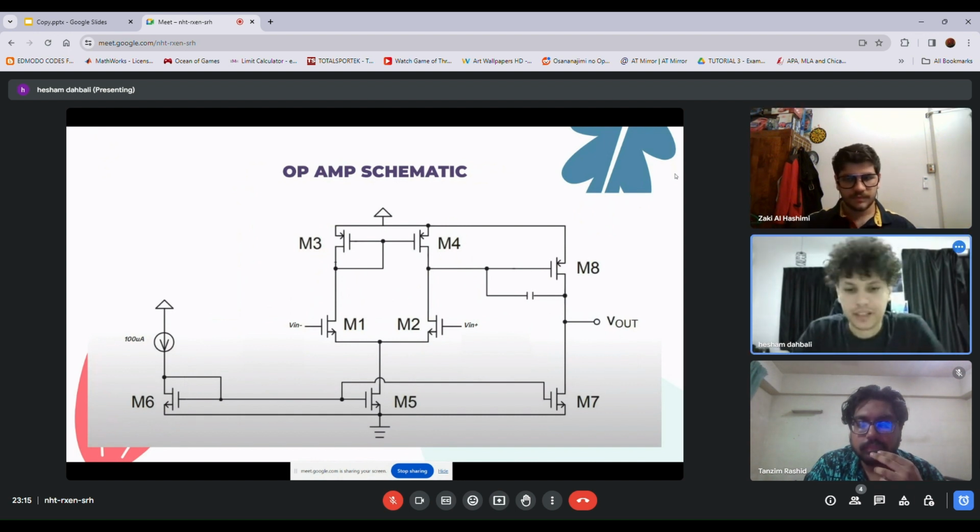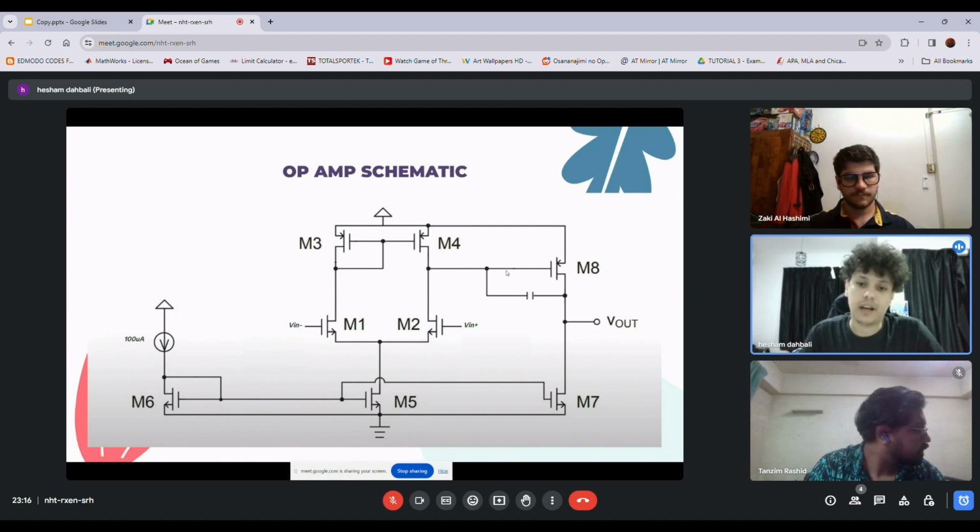For the circuit development, because we wanted to develop this amplifier from the transistor level of abstraction, this diagram shows the transistor level circuit of the op-amp that we developed. It consists of three parts: our current mirror, the differential amplifier, and a common source amplifier.